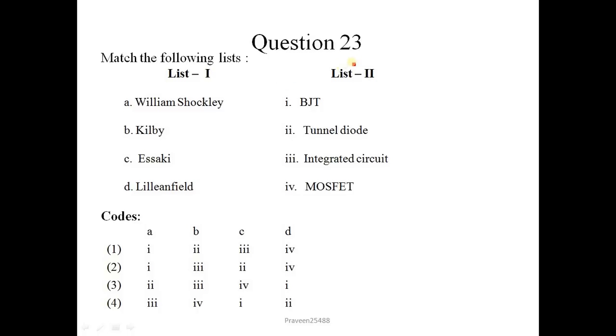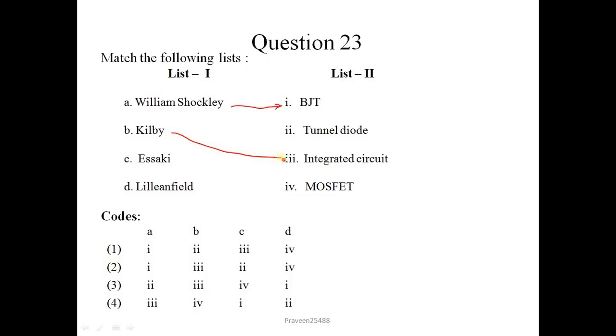Here in question number 23, in list 1, the names of scientists are given. We have to match them with list 2. William Shockley got the Nobel Prize in physics for the invention of the transistor. So the correct option is BJT. Kilby, also known as Jack Kilby, also got the Nobel Prize in physics for the first IC.